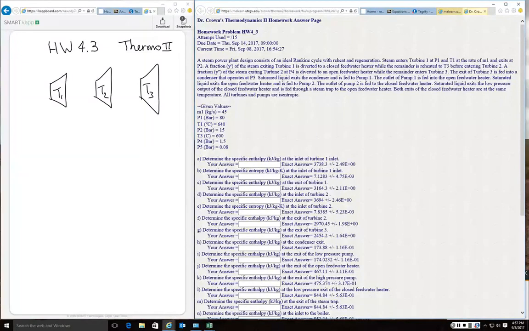So what we have here is a fraction of this gets diverted to closed feed water heater. This is state 1 coming in, state 2 coming out, and then we have reheat here, and then it goes in at state 3 to turbine 2.